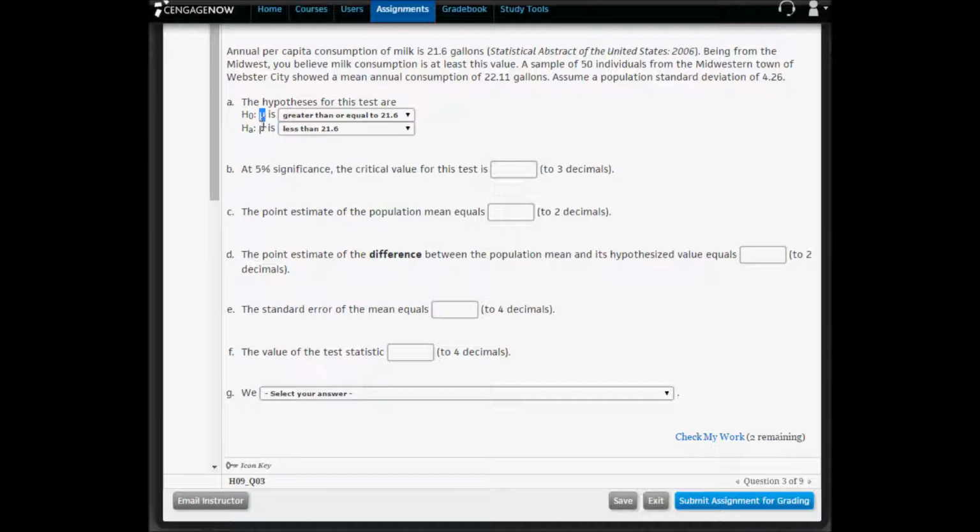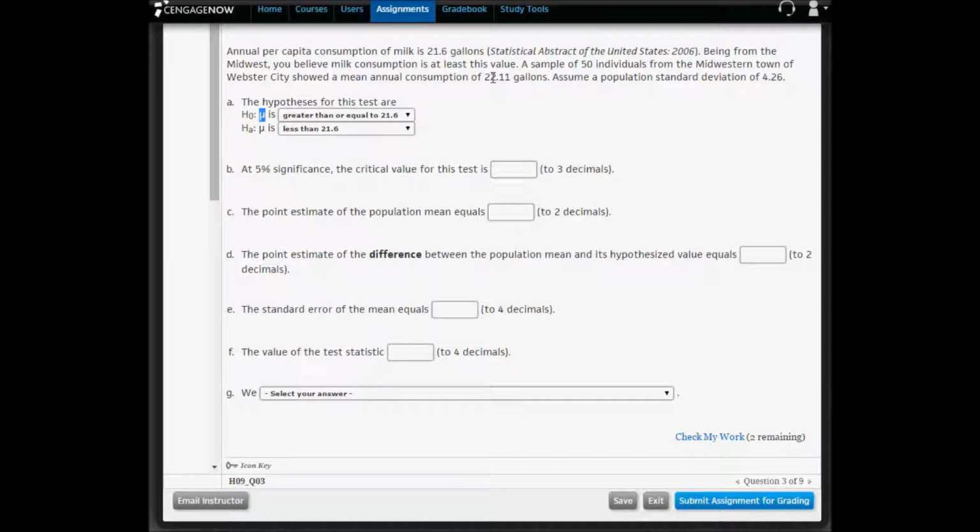To estimate this mean, you have conducted a sample of 50 individuals from the town of Webster City. The mean from the sample is 22.11 gallons. Because we're assuming a standard deviation of 4.26, this is a sigma known problem.